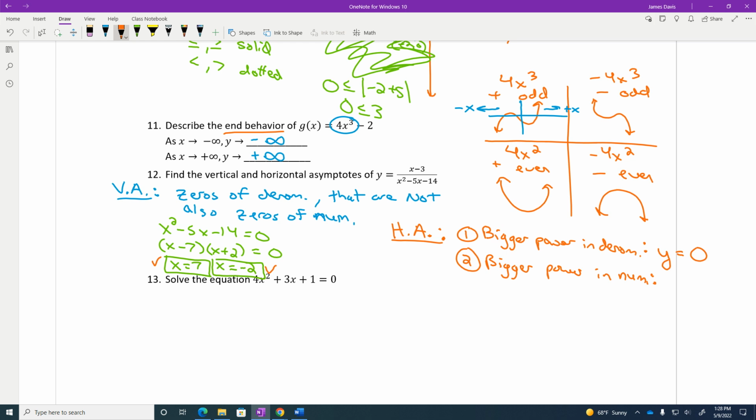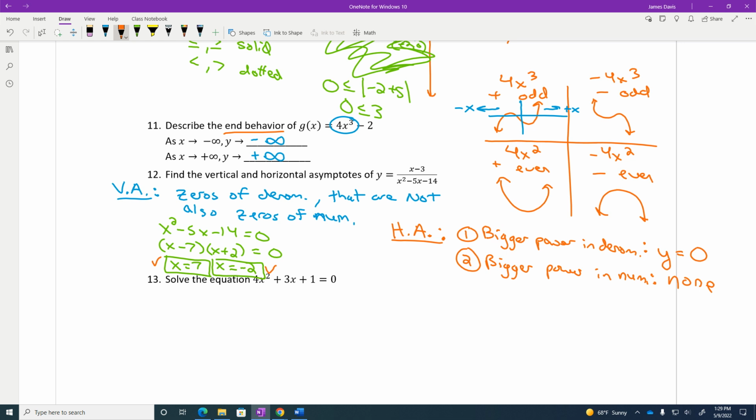There's no horizontal asymptote. There could be something we call a slant or an oblique asymptote. You don't have to worry about identifying those, but if it was bigger by 1 in the numerator, then it would be a slant or oblique asymptote. But we just need to state that there is no horizontal asymptote. Bigger in the numerator. Okay.